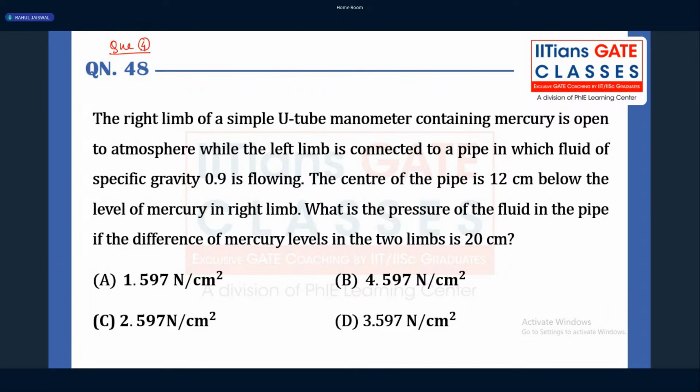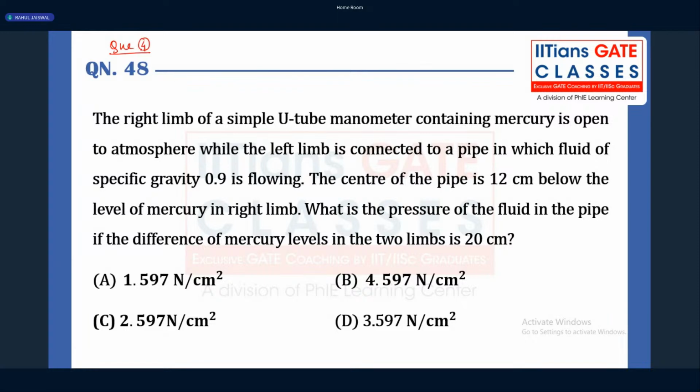The right limb of a simple U-tube manometer containing mercury is open to atmosphere, while the left limb is connected to a pipe in which a fluid of specific gravity 0.9 is flowing. The center of the pipe is 12 centimeter below the level of the mercury in the right limb. What is the pressure of the fluid in the pipe if the difference of mercury levels in the two limbs is 20 centimeter?